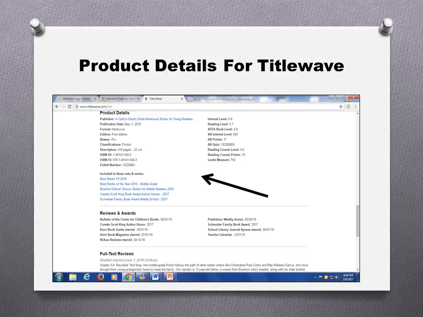You have the interest level, the reading level, classification, the book is fiction, the description of how many pages in the book, ISBN number, the book is hardback, here's the publisher's name, and the date of publication, and a whole list of other information you might need as far as reviewing a book.